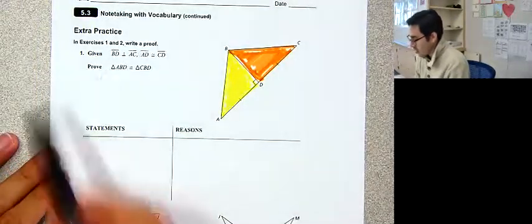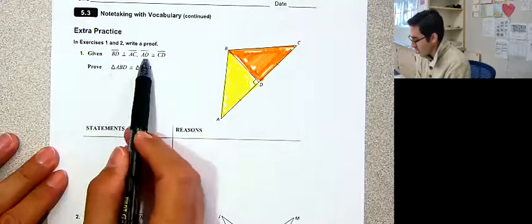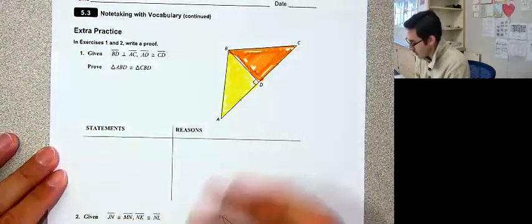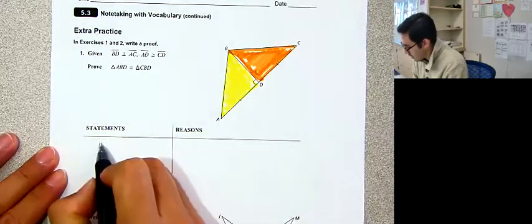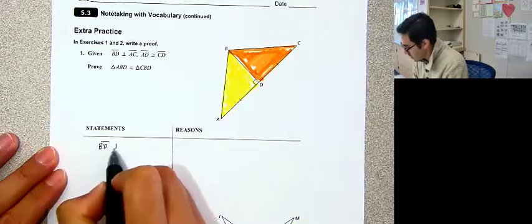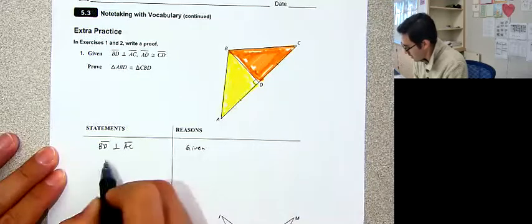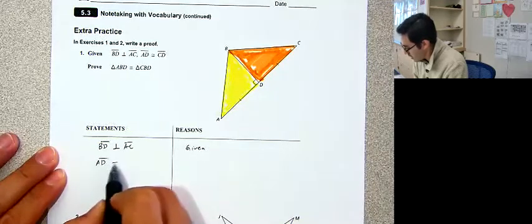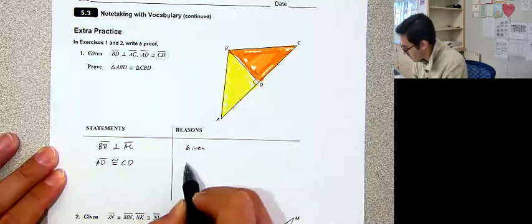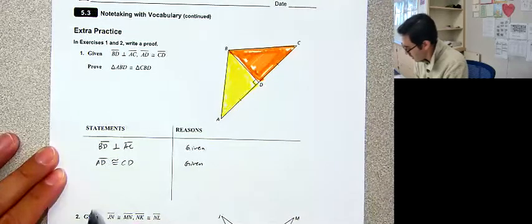Right. So with any proof, we can always start with the given and end with the prove. So I'm going to write, BD is perpendicular to AC, given. AD is congruent to CD, given.